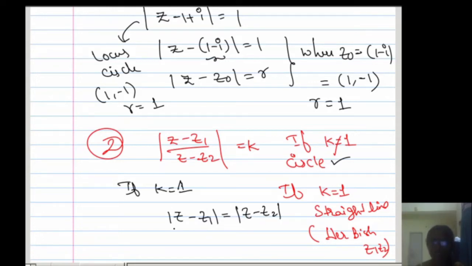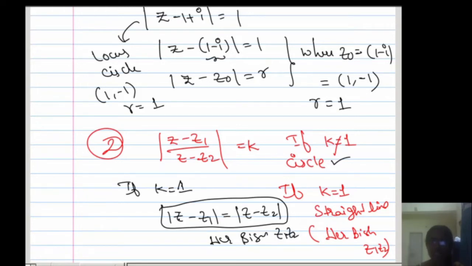Already I discussed this. This represents the perpendicular bisector of z1, z2. It means the locus of z is equidistant from z1 and z2: mod of z minus z1 is equal to mod of z minus z2.